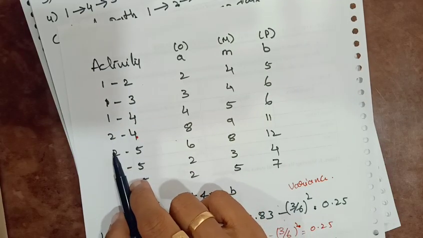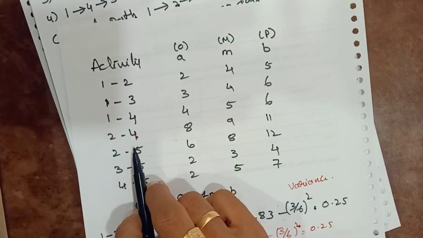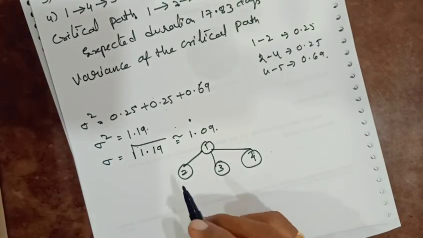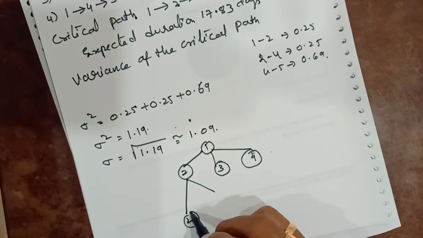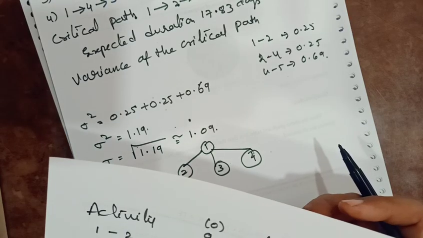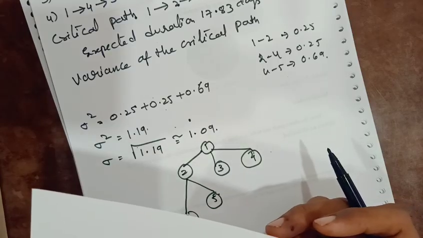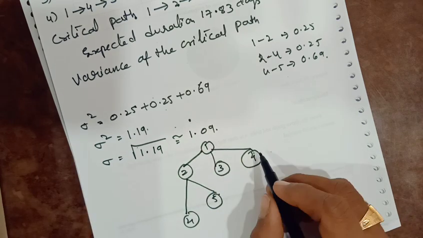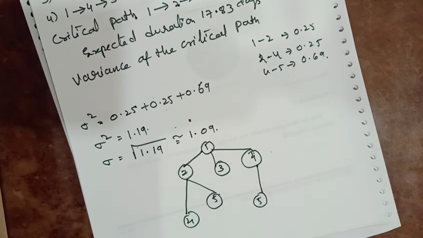Again for the second node we have two other activities, that is 2 to 4 and 2 to 5. So 1 to 4 and 4 to 5 can also be considered.